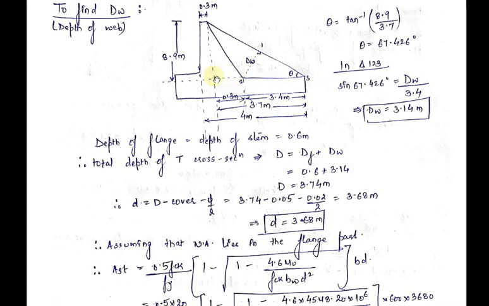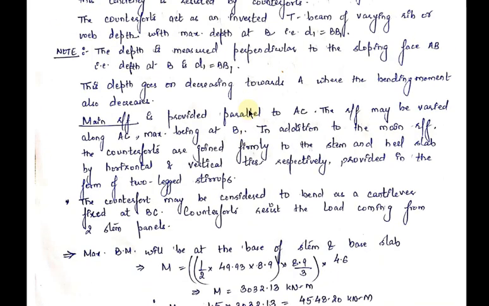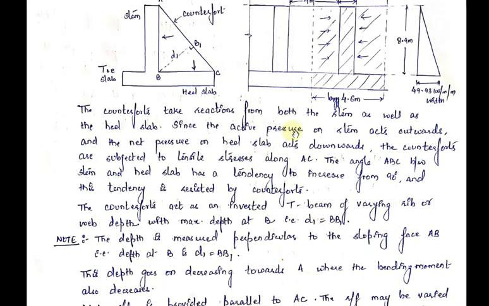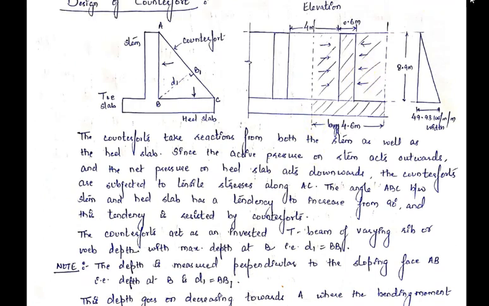As we go in the upward direction, the depth decreases and the bending moment also goes on decreasing, because if I take a depth of h by 3, that is here, at this depth the value of the pressure is also less, so the value of bending moment will also be less.